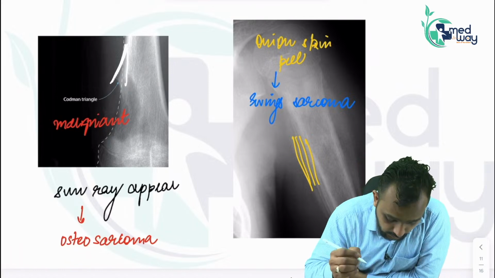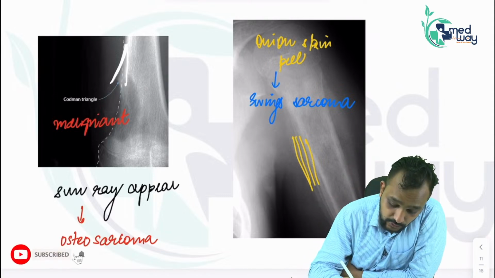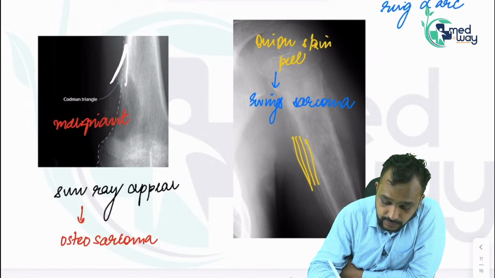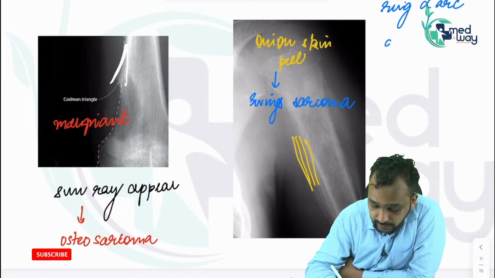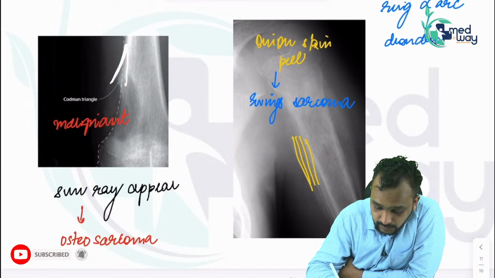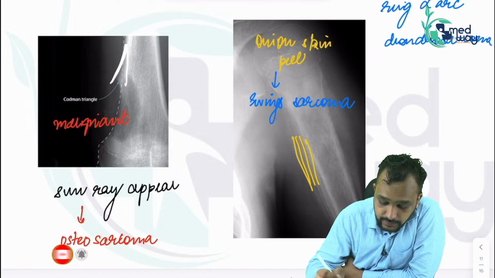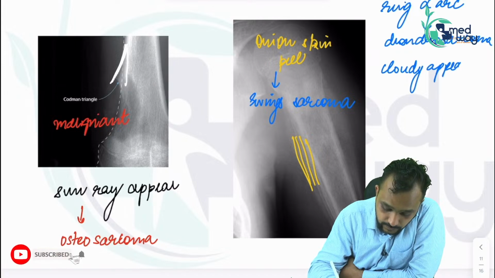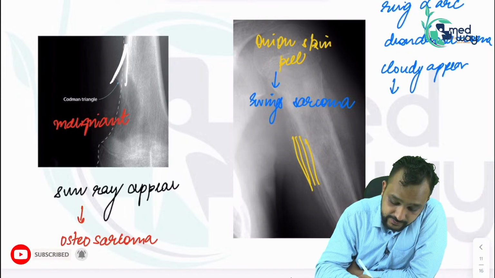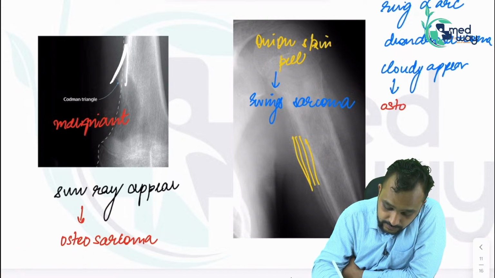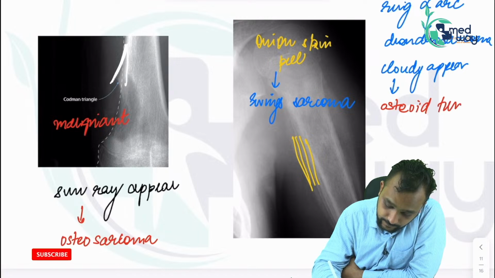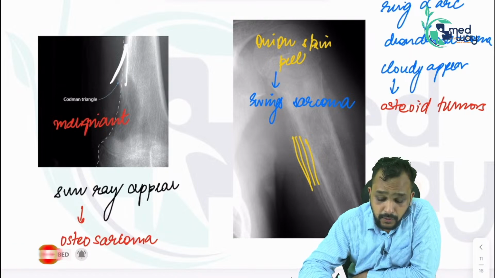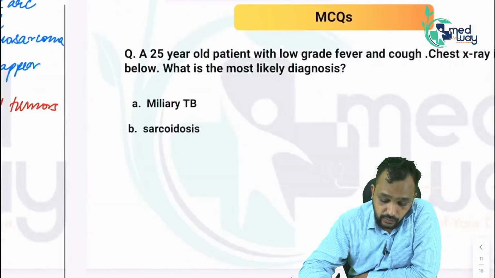A few other important types we should know are ring and arc shaped calcification, which is seen in chondrosarcoma or chondroid tumors rather. Then cloudy appearance, a type of matrix mineralization, is shown by osteoid tumors. So these are a few important imaging appearances that we should know.